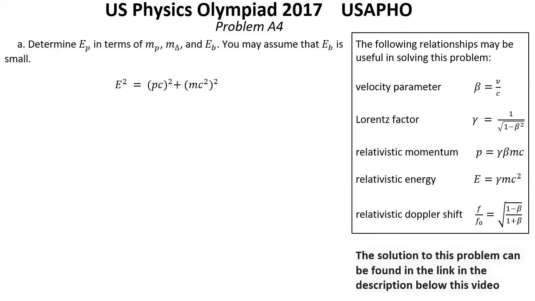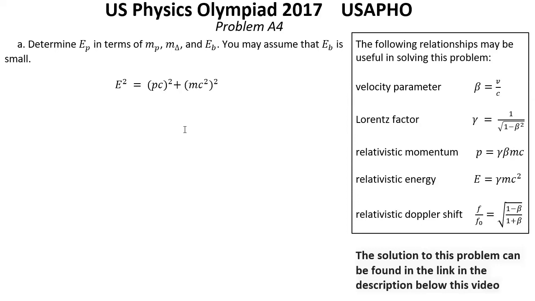Solution for question A. Here we can use this invariant, E squared equals P c squared plus m c squared, all squared. In such problems, it is better to use a dimensionless speed of light equal to 1.